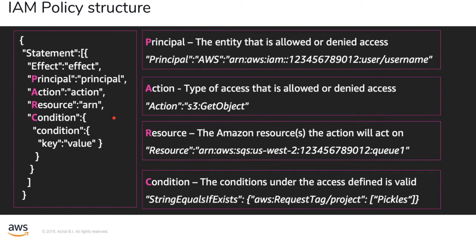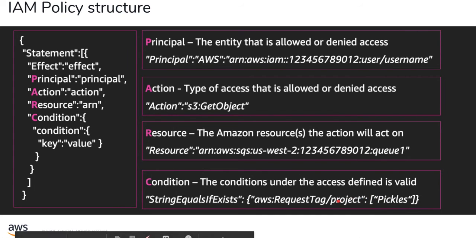The resource mentions what resource he is trying to access. In this case, for the account ID, Q1 is the resource, Q1 is the object name. You can also specify a particular condition for this policy. Here the condition says the request tag for which the policy can be applicable.